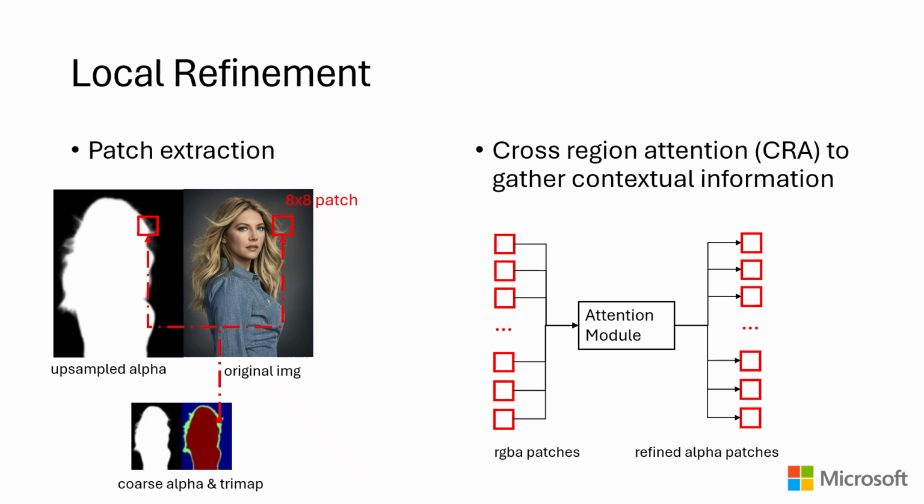However, the downside of this implementation is that we lose contextual information. The patches to be refined are individual and have no reliance on each other. Therefore, we propose cross-region attention, or CRA, which applies attention across the input patches to collect global contextual information from them.